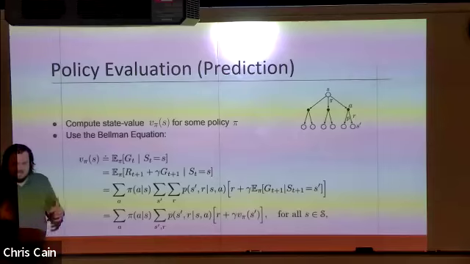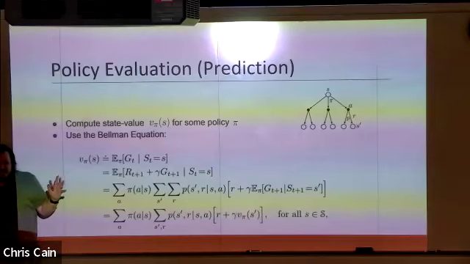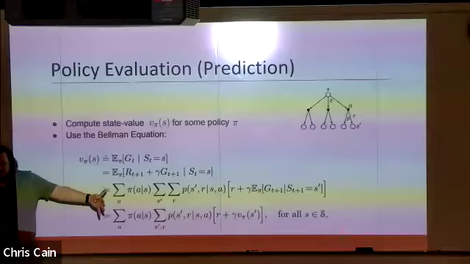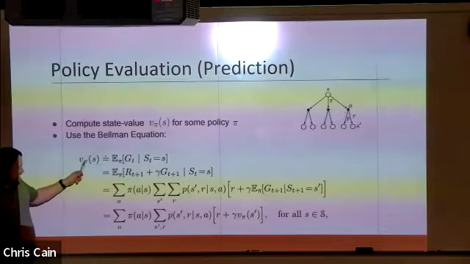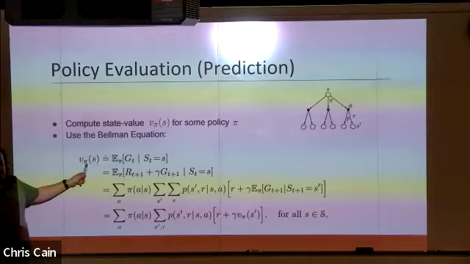So the value of being in a particular tic-tac-toe setting is based on everything that could follow. How many states could follow from here? What are the values of those states according to this policy? We could calculate all of that based on our current knowledge of the values of those states. So we compute that and we end up with a value.